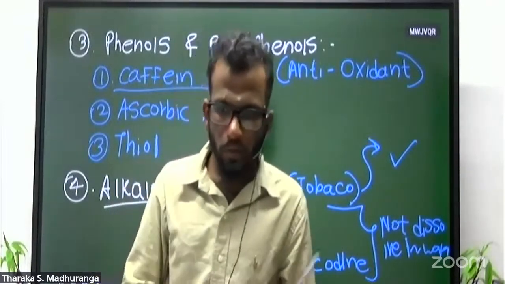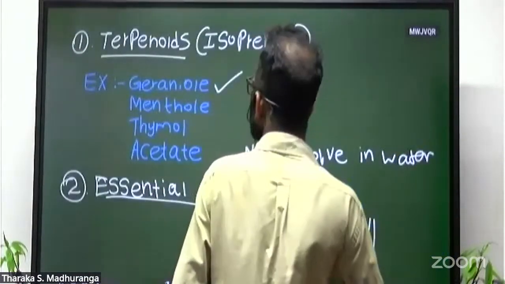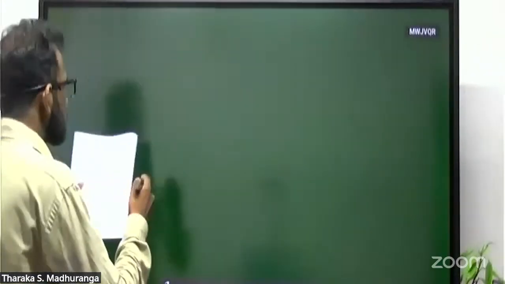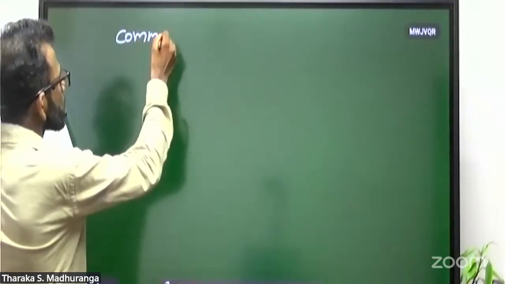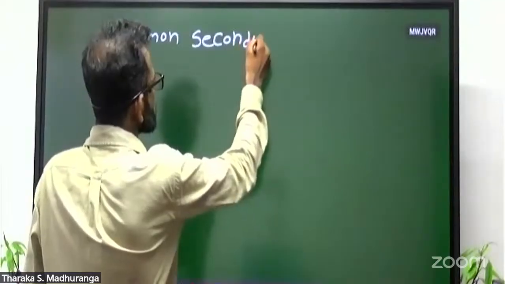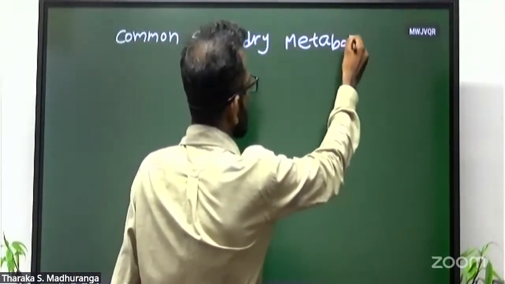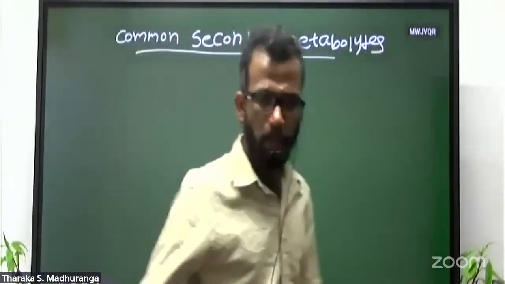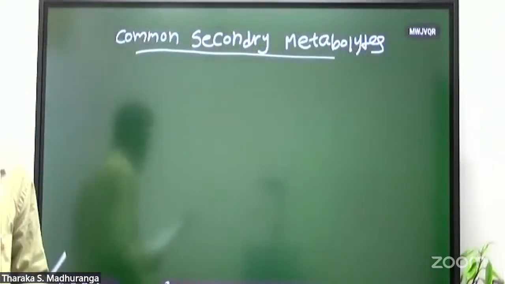Write down the topic on the table, otherwise you will be confused. Common secondary metabolites. Common type of secondary metabolites, at the top of the table. Okay.